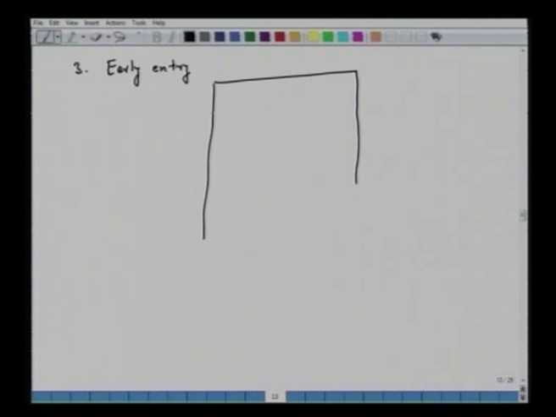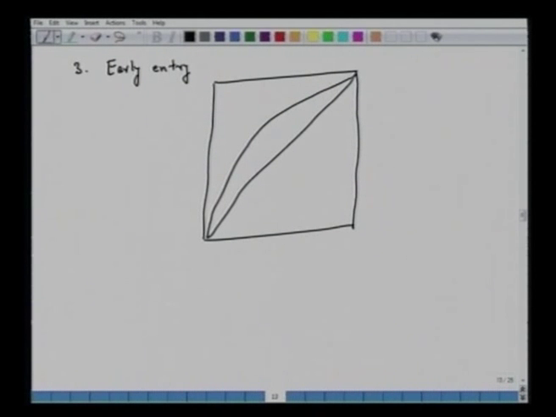And then we can also have what you call early entry. So if you again draw this y versus x diagram, let's say you have the yx diagram like this, start from xt, start from xw, you have the second operating line like this, this is the Q line.